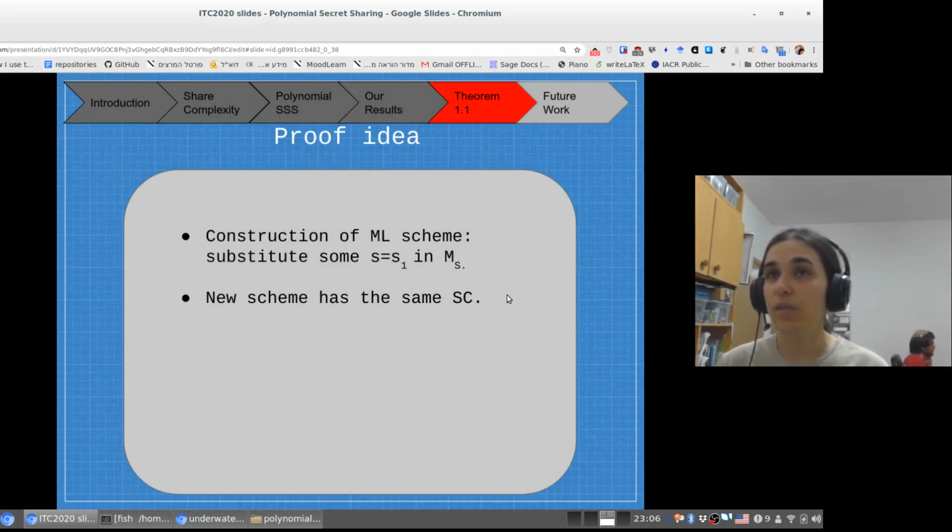So it turns out that substituting S1, some fixed value, for S in all the coefficients of the randomness, not wherever S appears by itself, but wherever it's a coefficient of R, suffices to obtain a scheme that is a secret sharing scheme for the same access structure, and clearly it has the same share complexity.